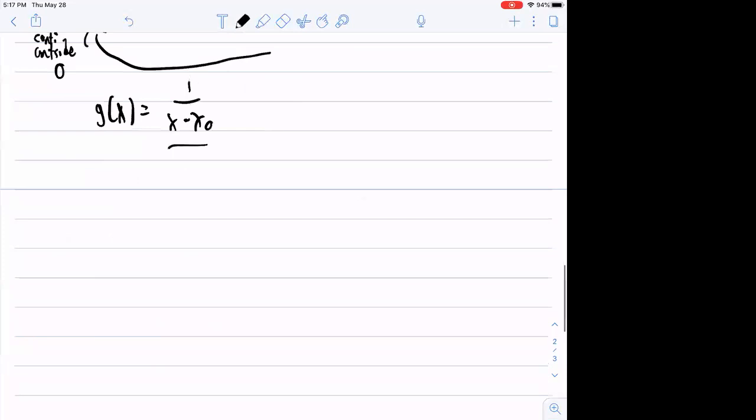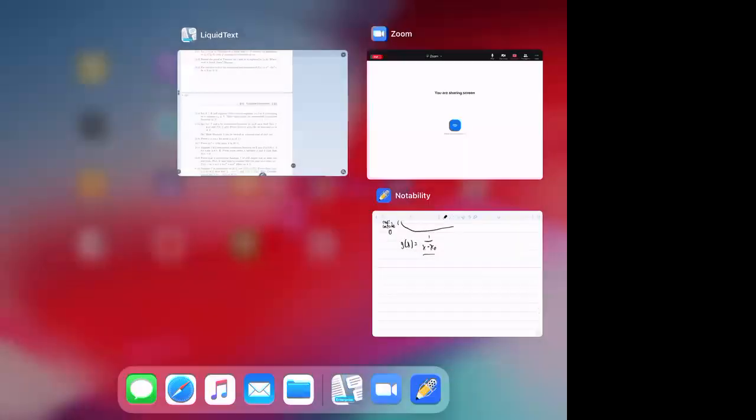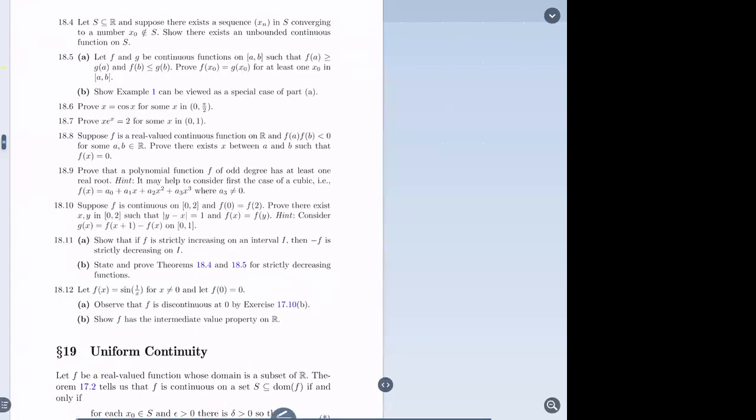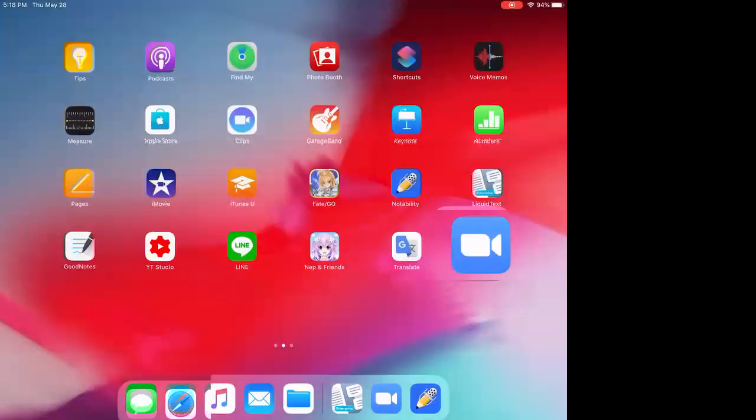So let's move on. So I did 18.4. Let's do 18.6 now. So prove x equals cosine of x for some x in 0 to pi over 2.